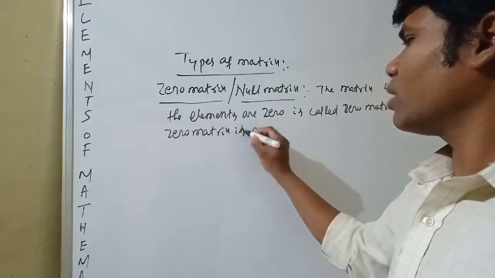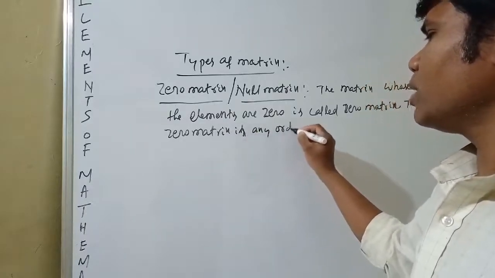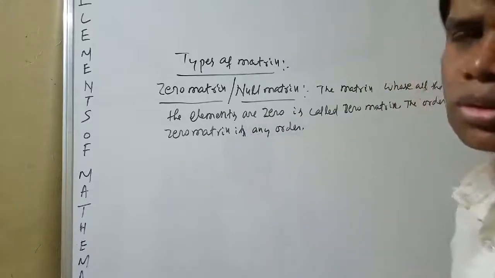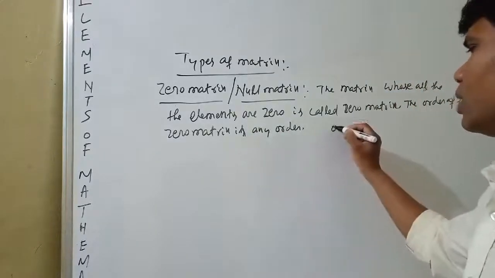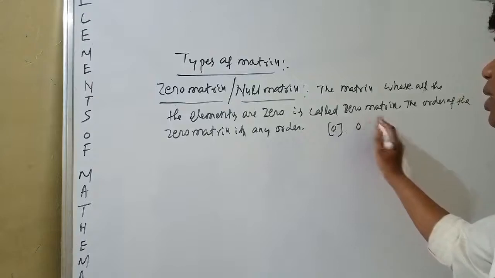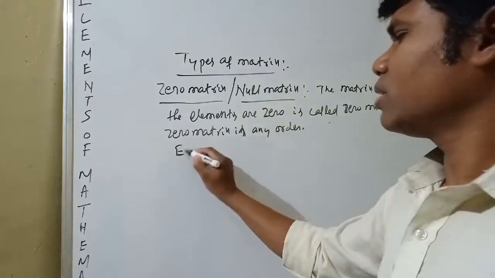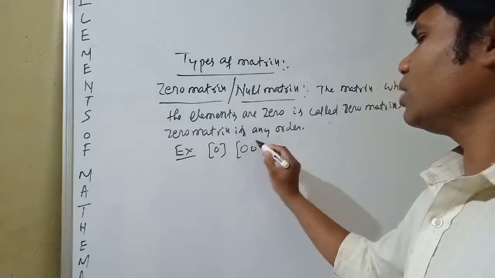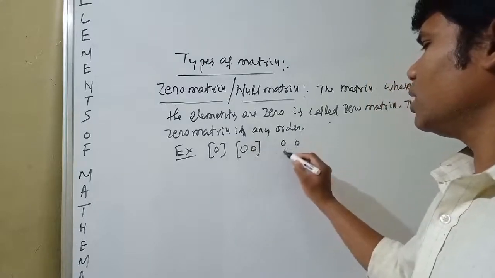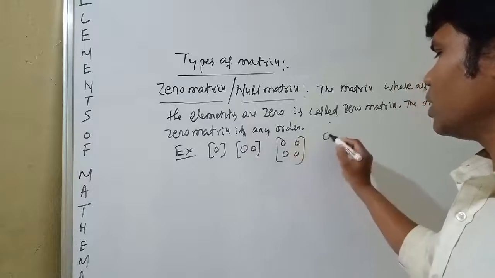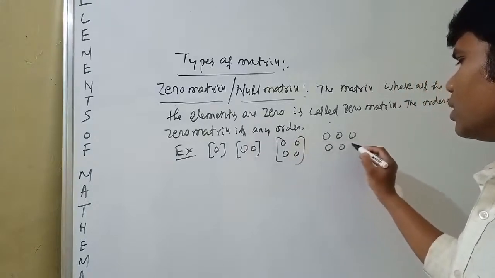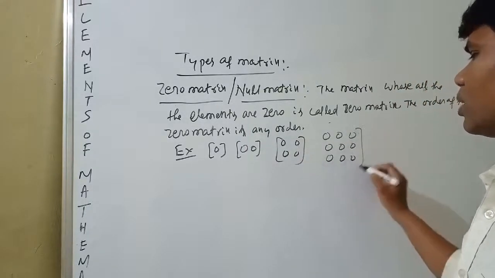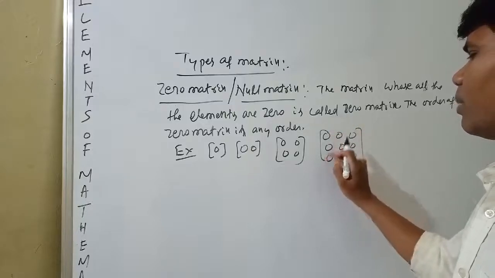Any order means whatever the order may be, no matter. For example, this is a zero matrix, this is a zero matrix, this is a zero matrix, this is also a zero matrix. Whatever the order, no matter.